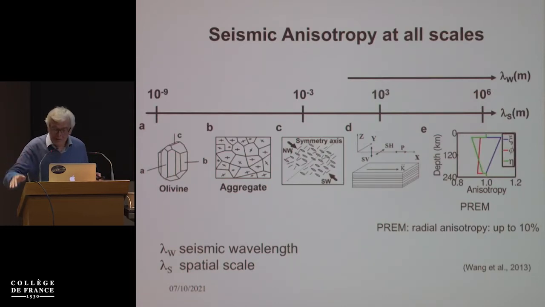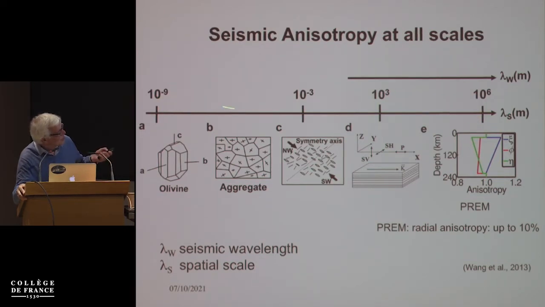For students and people who are not familiar with seismic anisotropy, I want to remind you that seismic anisotropy is present at all scales, from the microscopic scale for olivine, which is the most important mineral in the upper mantle, at 10⁻⁹ meters, up to the very large scale.